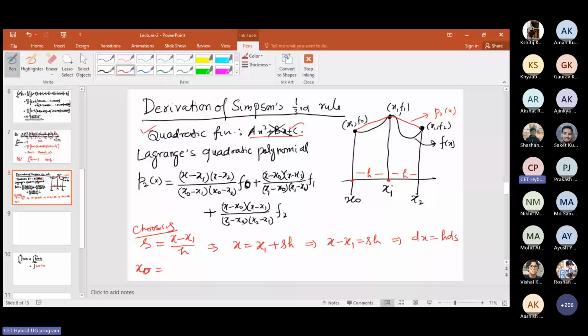Therefore, x0 equals x1 minus h. Okay, x0 equals x1 minus h, correct?